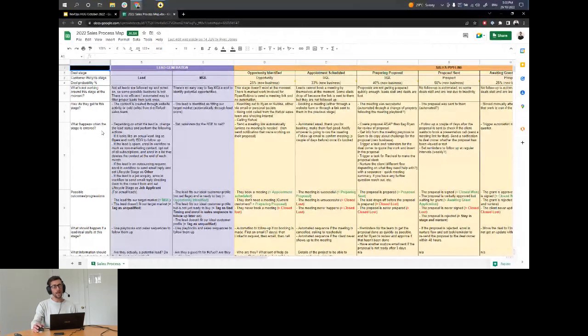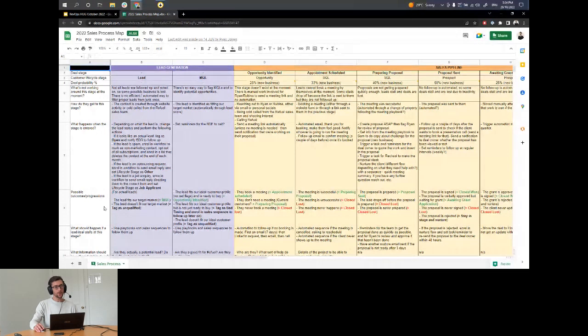Is there any email that you need to send to your customer to ask for more information? Is there any task that you need to set up for your team? Again, proposal stage. As soon as we enter the preparing proposal stage, let's create tasks for our team to do what they need to do to prepare that proposal.